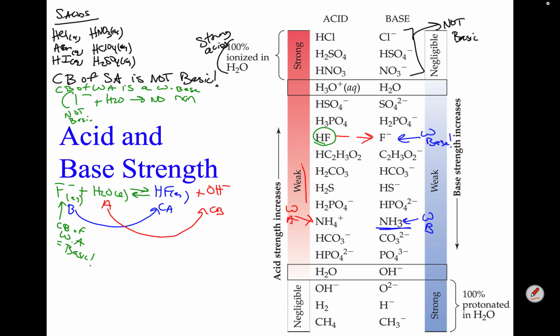If I have a weak base, what do I say about its conjugate acid? It's a weak acid. So where do I have a weak base here? Common weak base, NH3, right, in lab. So the conjugate acid of a weak base is a weak acid. So for example, ammonia.